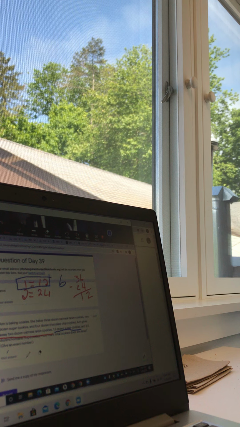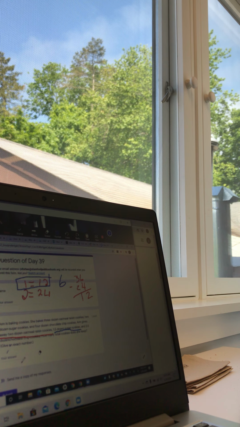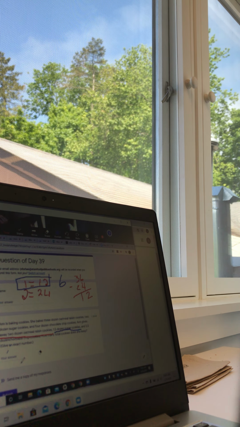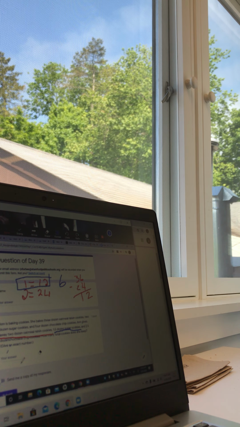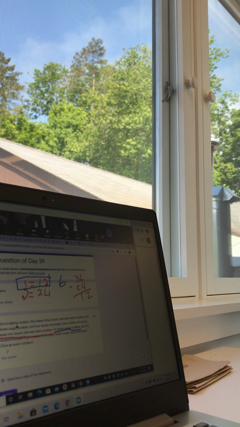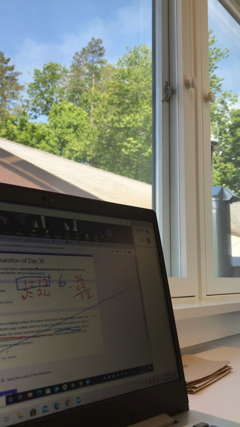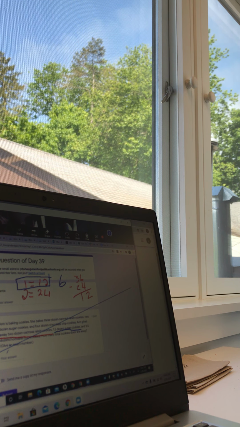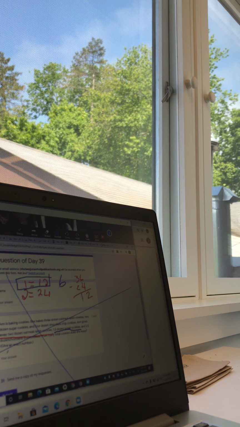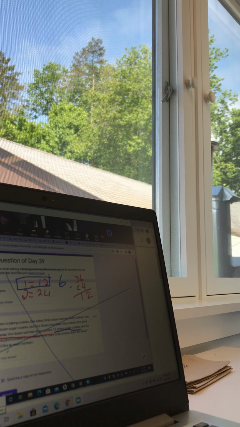Give her a second. So count from 18 up to 24. 6. Right. So we have how many cookies left? So she only has 6 sugar cookies left.